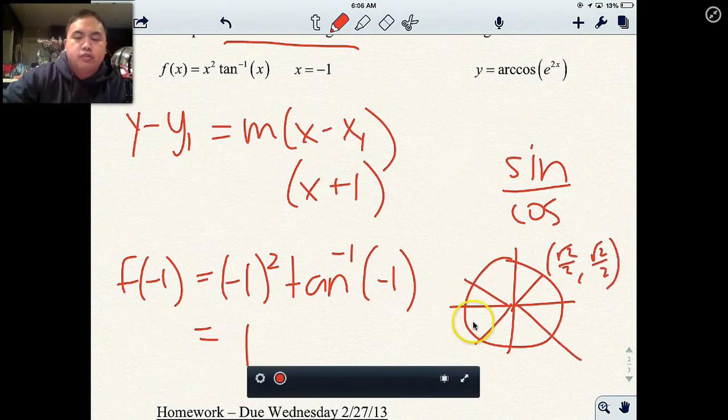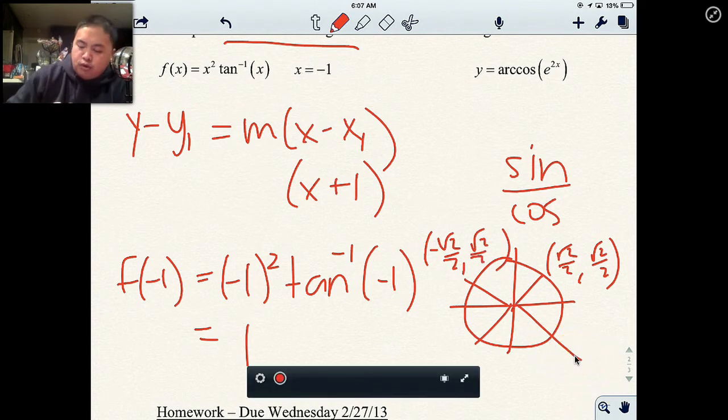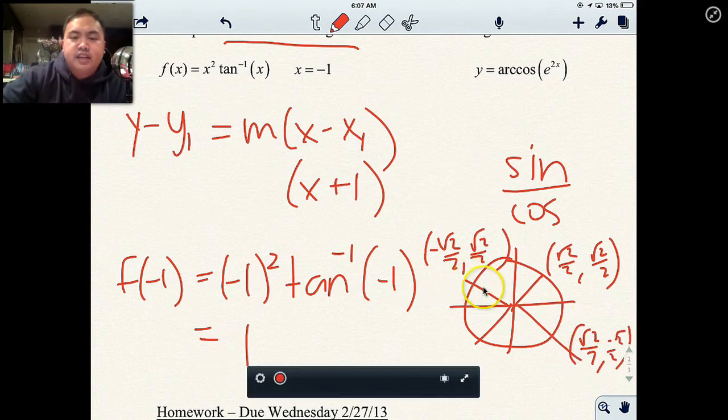Like this will be radical 2 over 2, radical 2 over 2, radical 2 over 2. But depending on where you are, you're going to have some negatives. At this coordinate over here, I'm going to have my x-coordinate be negative. And on the bottom right, same thing except only the y-coordinate is negative. So these two places here and here are where tangent is -1.